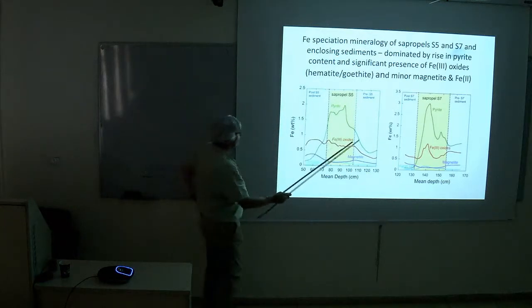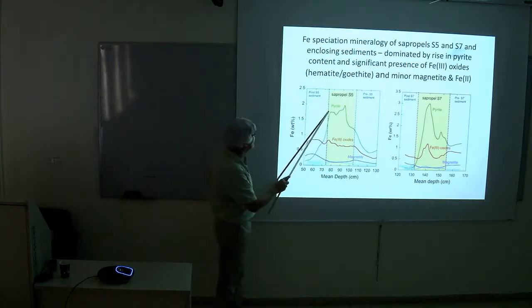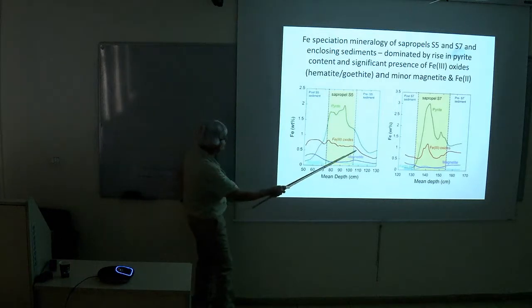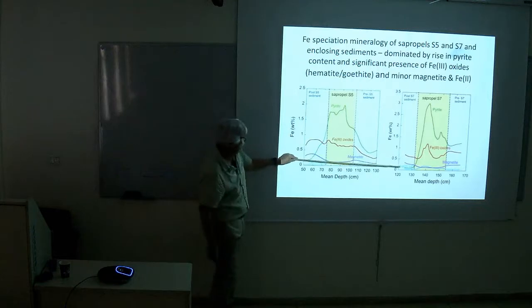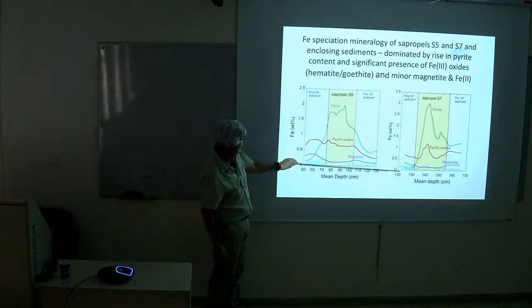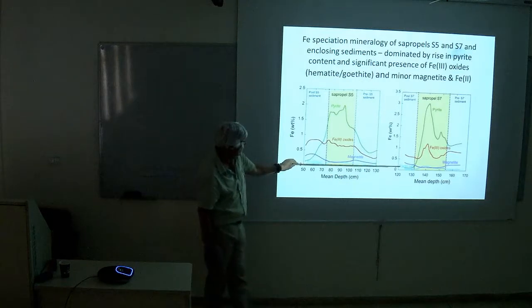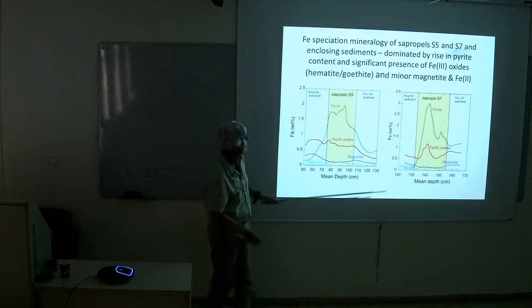What we see is a very strong rise of pyrite in the sapropels. We see that iron oxides are also present, and they seem to show some kind of increase. But phases like magnetite and Fe2HCl, which basically represents weakly ordered ferrous iron carbonates, are very minor.